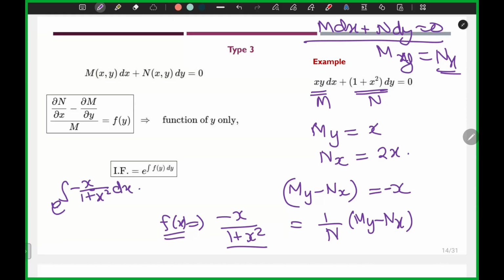Is this part clear to all of you? Yes, sir. Yeah. So here you can integrate it easily.